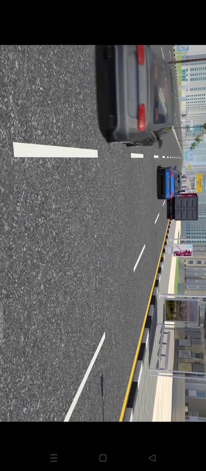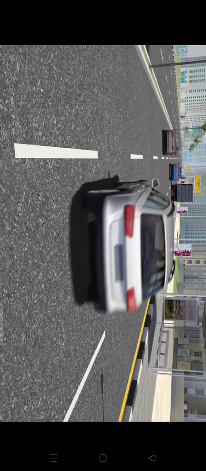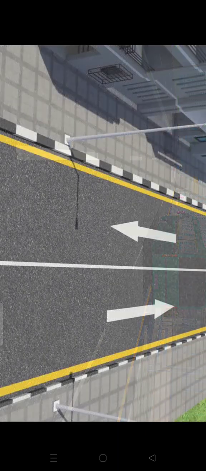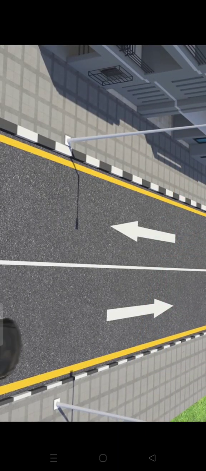Uses of road surface markings. Longitudinal markings.